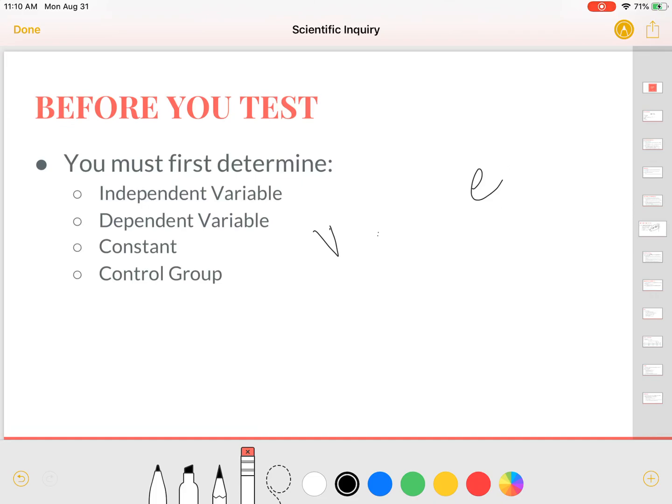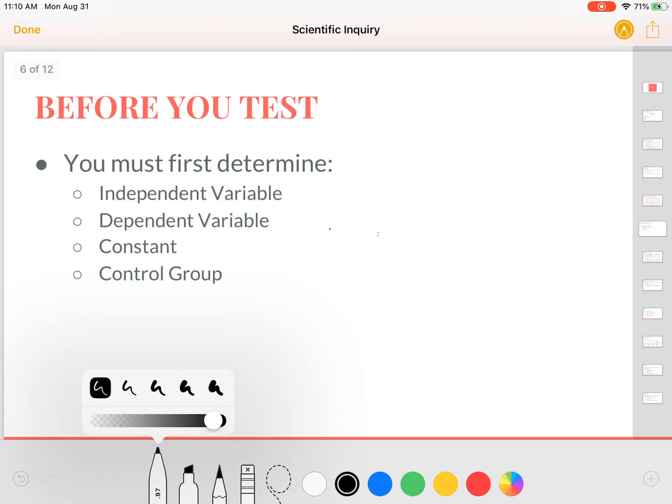So your independent variable is what I change. That's how I remember it. It is what I am in control of. That's what I change, is the independent variable.